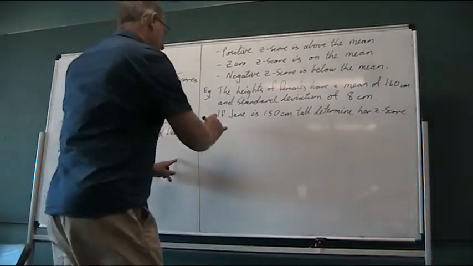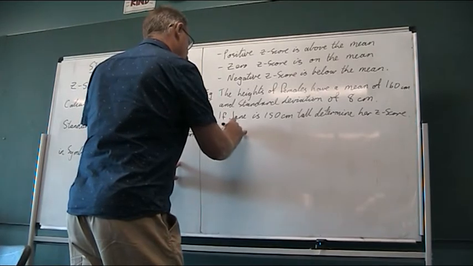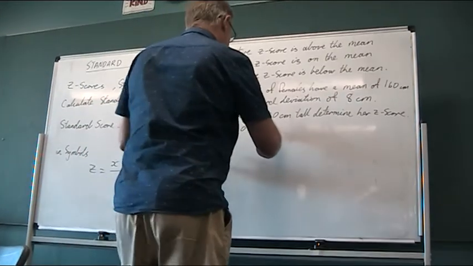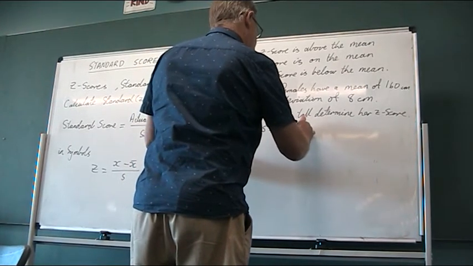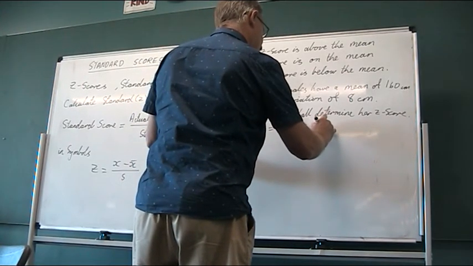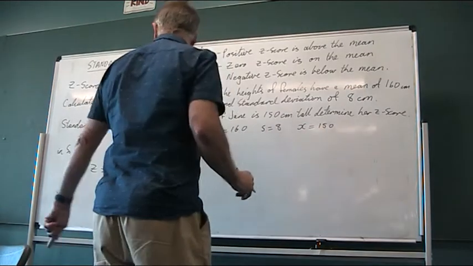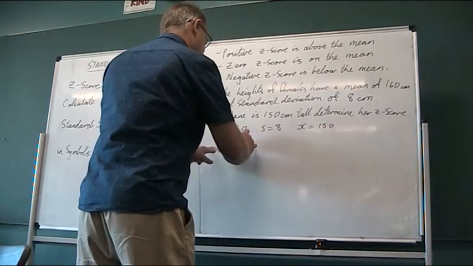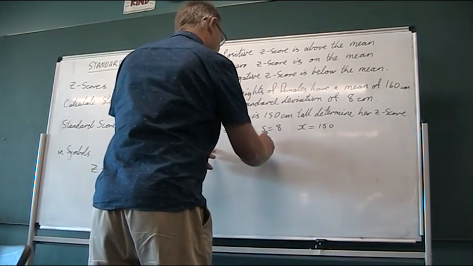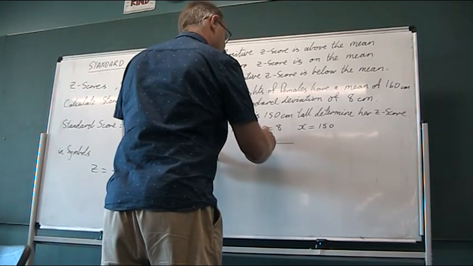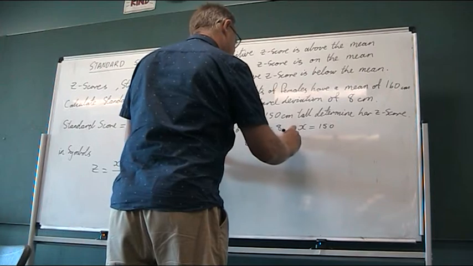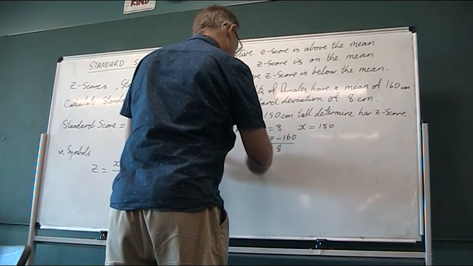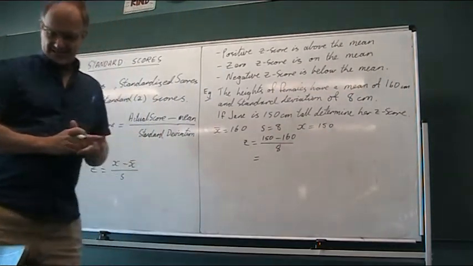So our mean is 160. Our standard deviation is 8. And Jane, which is X, she's 150. So we use the formula: Jane's height, 150, minus the mean, 160, divided by the standard deviation, 8.